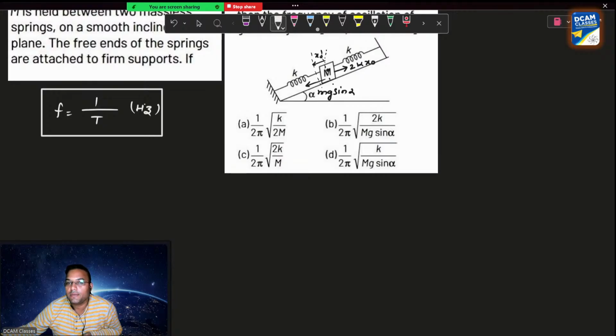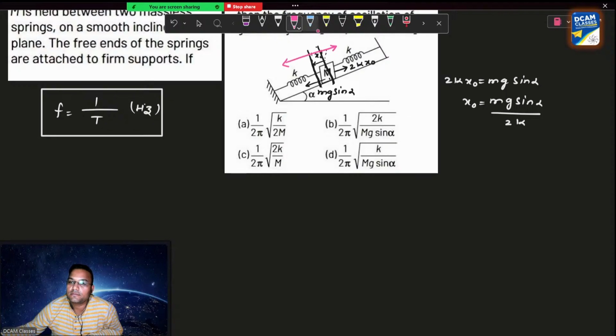So for equilibrium, 2kx naught will be equal to mg sin alpha, and the equilibrium position will be x naught equals mg sin alpha by 2k. But how is it going to affect? It's not going to, because if this is the equilibrium position and it is displaced, as you said, even then it will do SHM about this position, here and here.